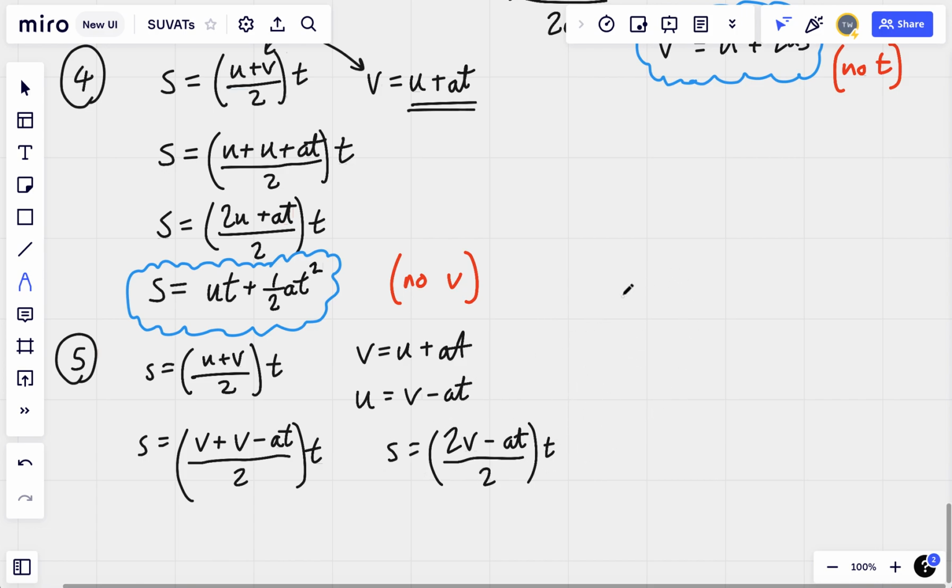So this one inside the bracket, I'm going to times it by t first. So we have 2vt minus at squared over 2. Now because we've got a single term in our denominator, we can split this up. So that becomes just vt and minus a half at squared.